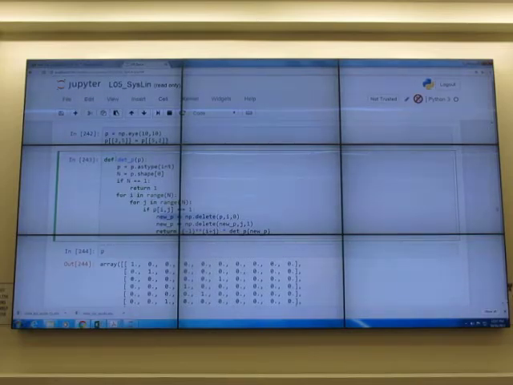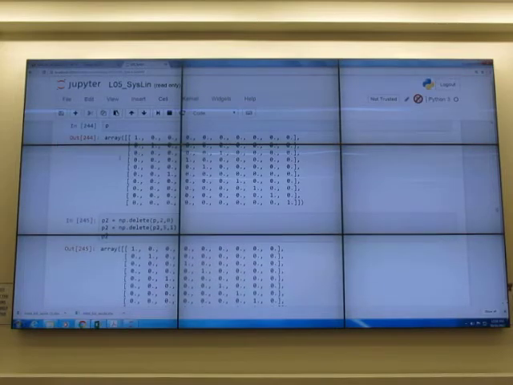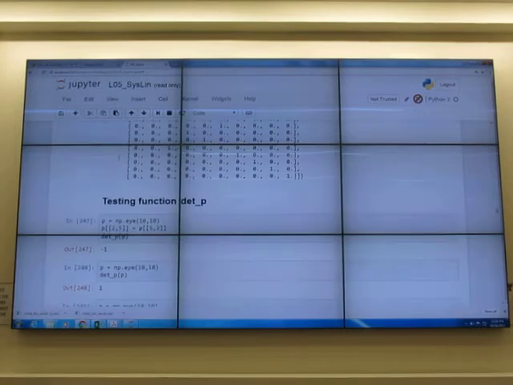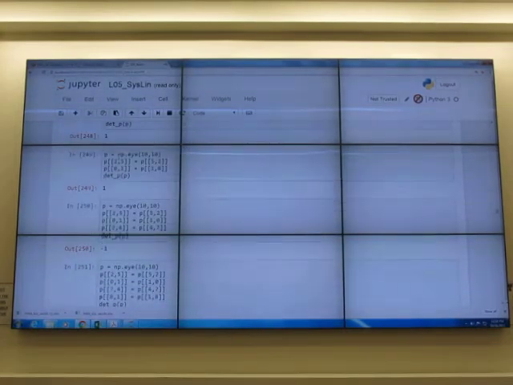But for matrix P, you don't have to do that for every column because only one of them is 1, the rest is 0. Check the homework. Okay, that is the determinant of matrix P. So this way, I tested it and it worked. It gives the same answer as SciPy.